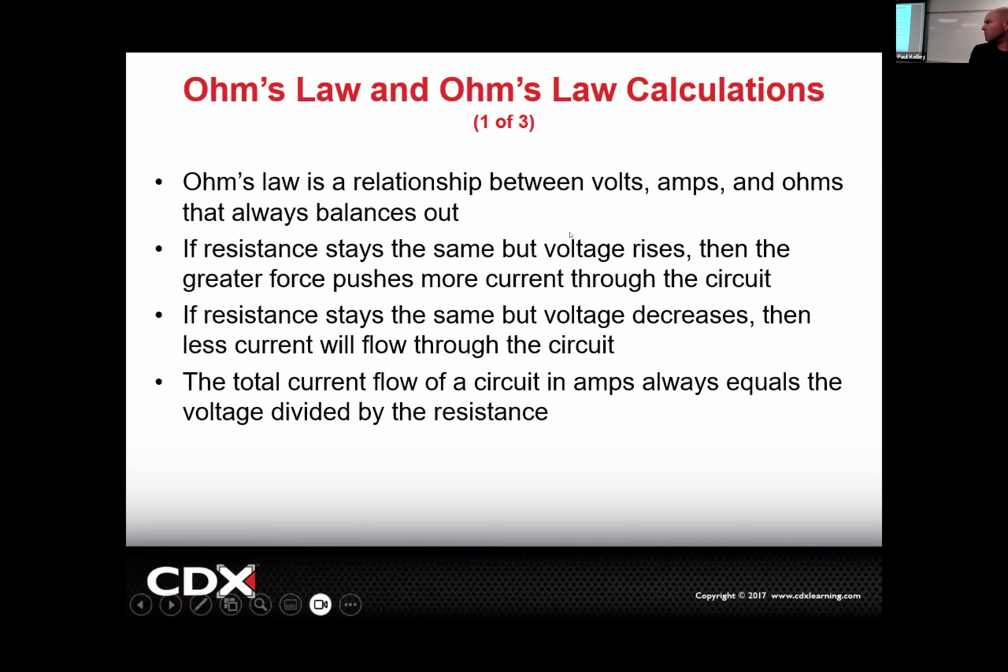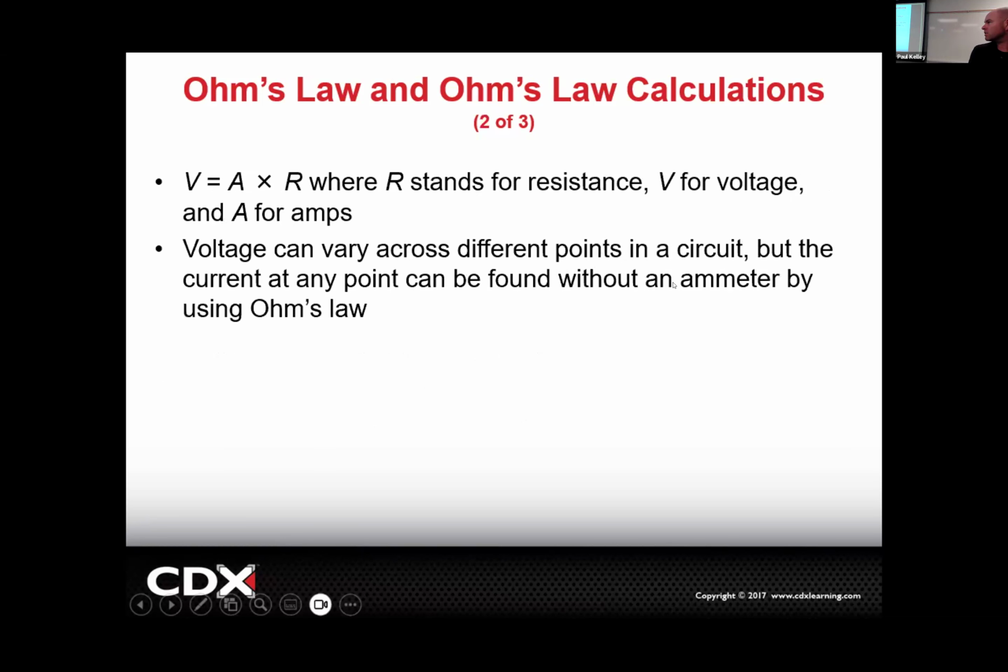The resistance stays the same, but the voltage rises. The greater force pushes more current through. Yeah, that's logical. So let's get to application. V equals A times R. V is what? Voltage, yes, exactly. V can sometimes be E, E being electromotive force.